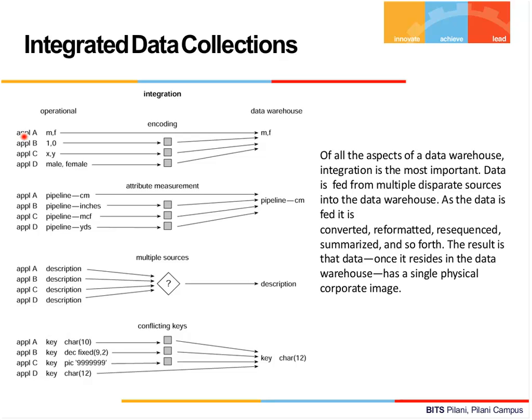We have different application users coming into the data warehouse to do the analysis. So don't expect that these people are only going to use operational system application A, application B, application C or application D. As soon as they know there is a data warehouse having their data, they would like to go there and do the analysis, because it has all the data and it helps the reporting and the analysis.